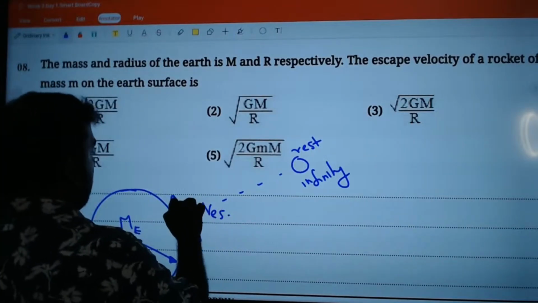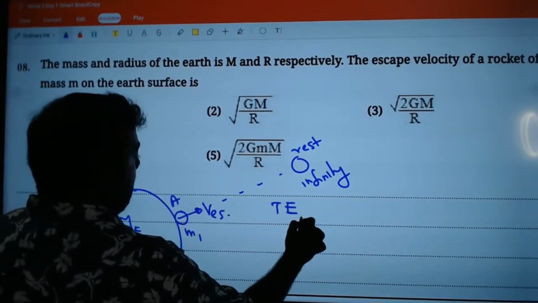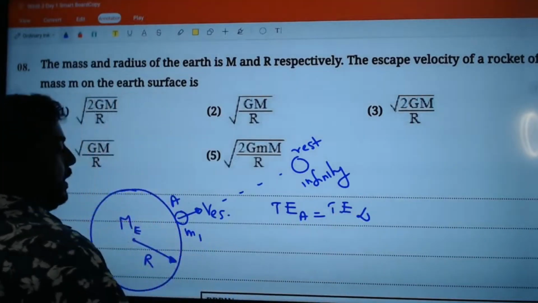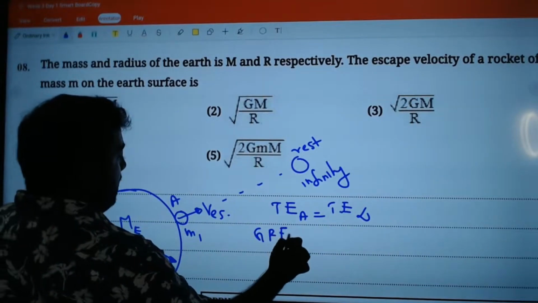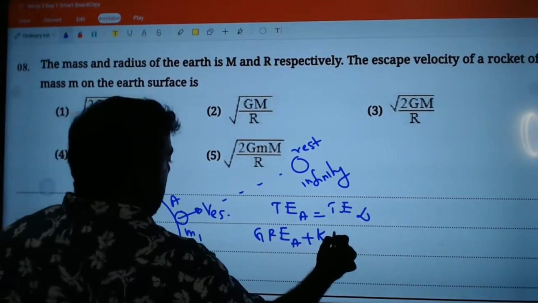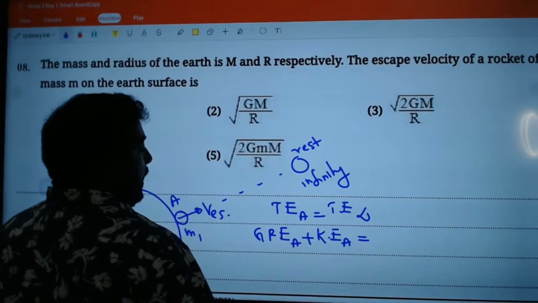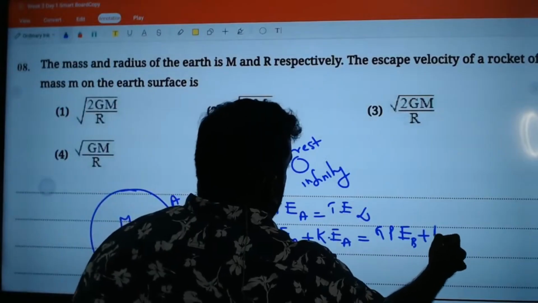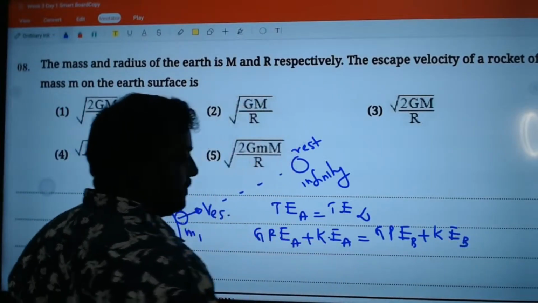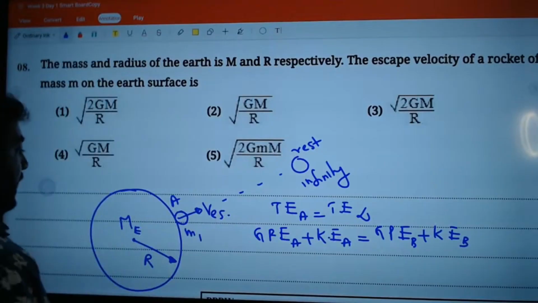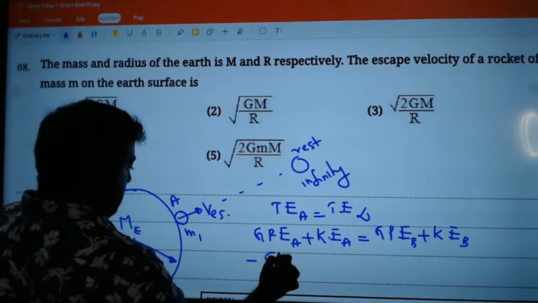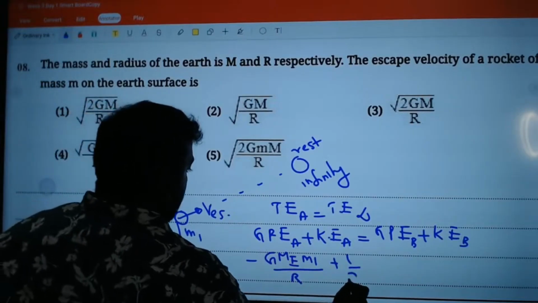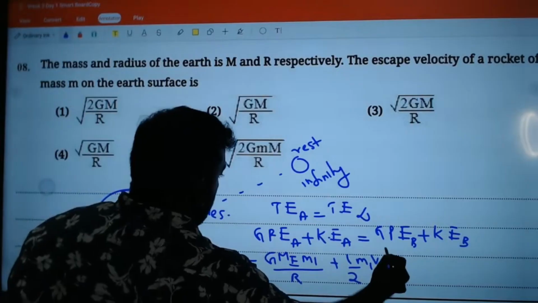So I can apply here: total energy at A equals total energy at infinity. Total energy at A is gravitational potential energy at A plus kinetic energy at A. Total energy at infinity is gravitational potential energy plus kinetic energy at infinity. Gravitational potential energy at A is minus GMm over r. Kinetic energy is half m1 V escape squared.